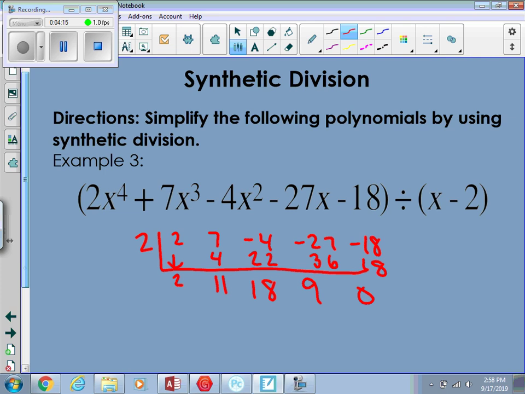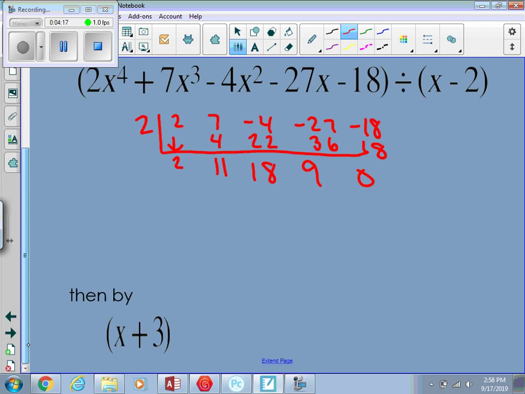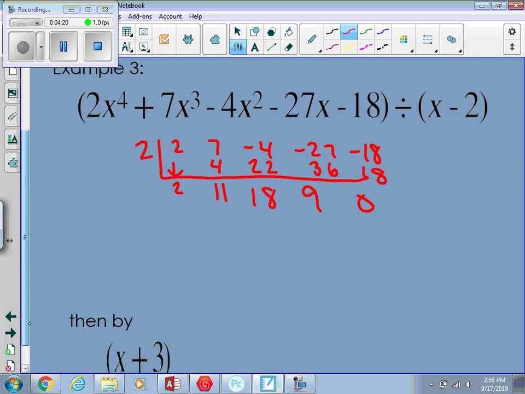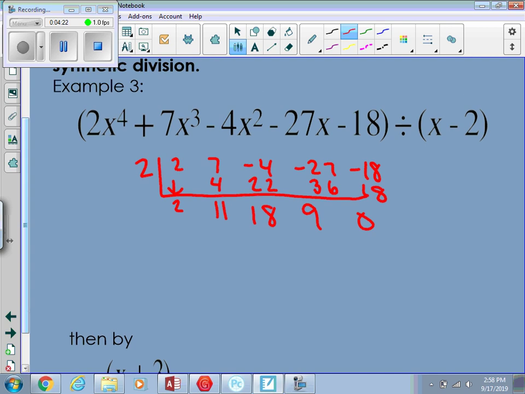And this question asks us to take a step further and divide by x plus 3 as well. So I'm going to take the coefficients that I just got, or the quotient, sorry, from dividing, and I'm going to pull that down. And I'm going to do synthetic division for negative 3.